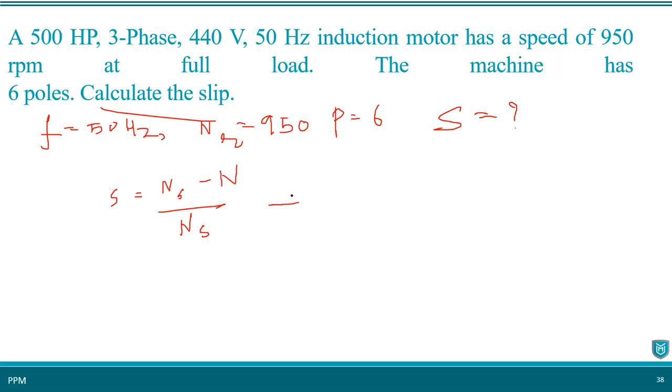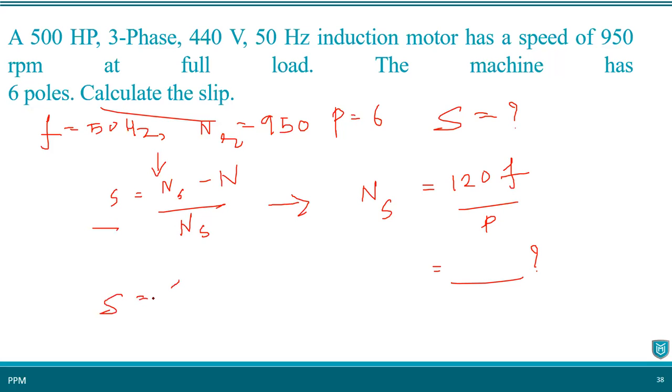For that we need the value of Ns, the synchronous speed, which is 120 F by P. All the data is given, find out Ns first. Then put this value over here, N is given to you, and you can find out the slip. I am giving you 5 minutes to calculate this answer.